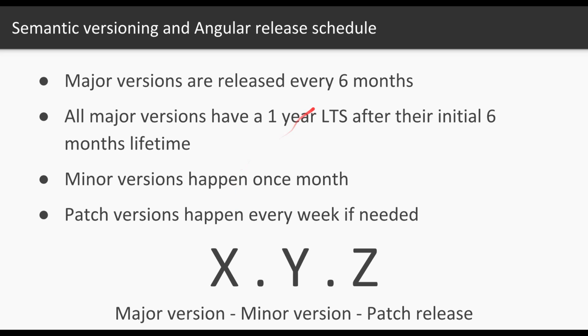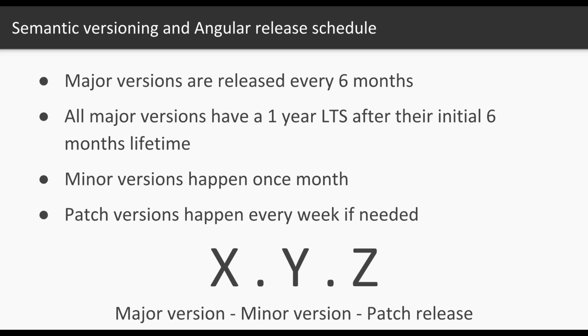You don't have to upgrade every 6 months to the latest version of Angular, but that is really what the Angular team wants us to do, because it's just easier to upgrade small step by small step than waiting for 1 year or 2 years and then have a complex upgrade process in place in order to do that. So that's major versions. They happen every 6 months, and we get a 1.5 years support for all of them.